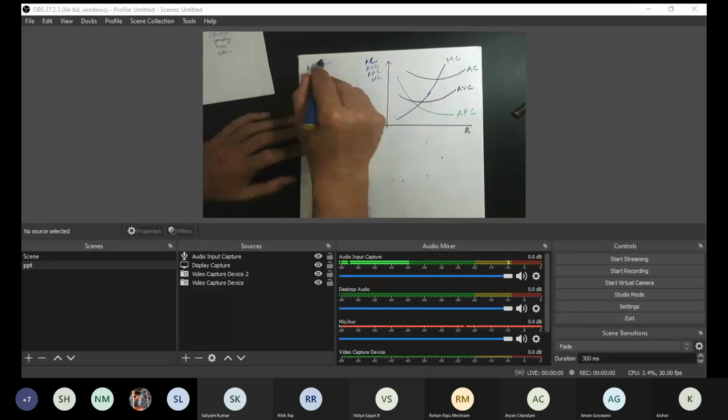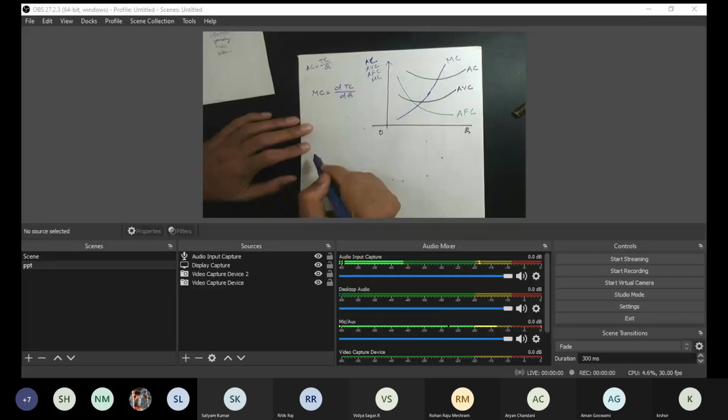And we know the relationship between TC and AC. AC is equal to TC, total cost, divided by Q. You know it already. Average cost is equal to total cost divided by Q, meaning AC into Q is equal to TC. So I am writing it here: d(AC into Q) divided by dQ.